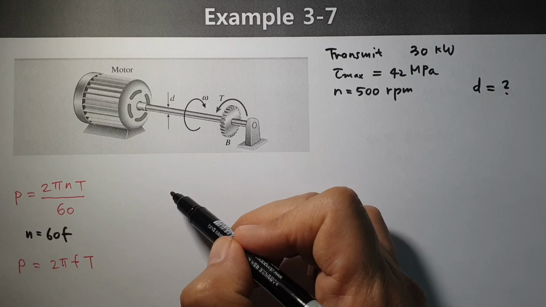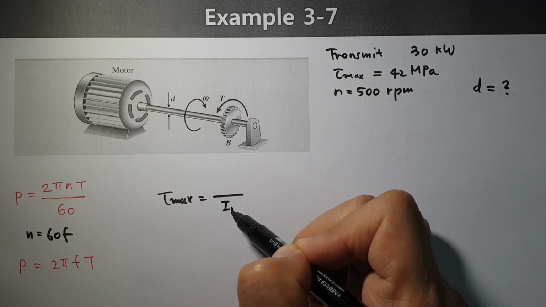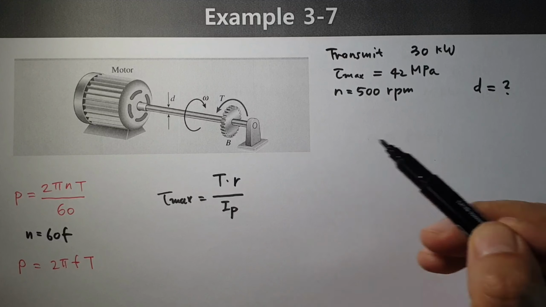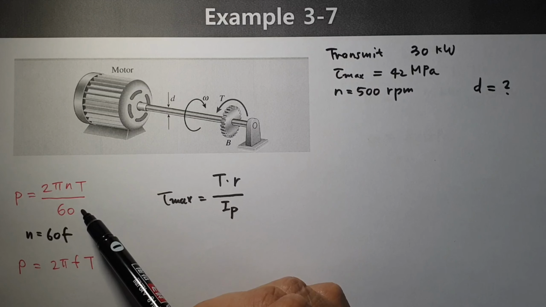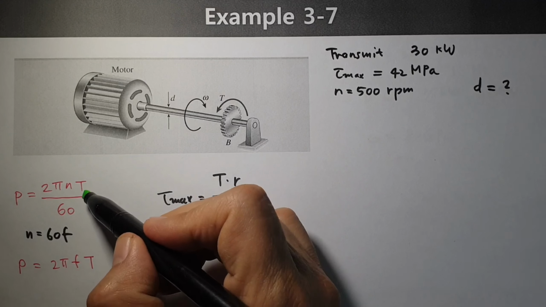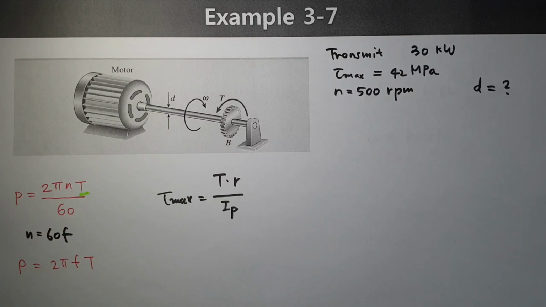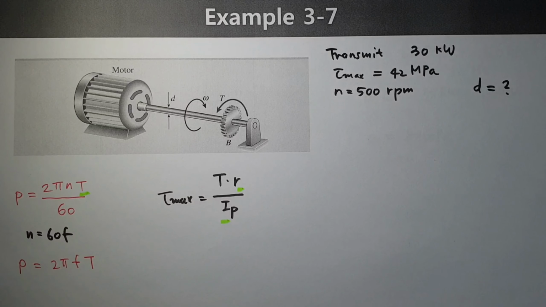Okay, tau max equals what? TR over IP. We can apply this value. Based on this formula, we can calculate the value torque T. If we know torque T, then we can calculate IP or R relationship. Okay, let's think about this one.